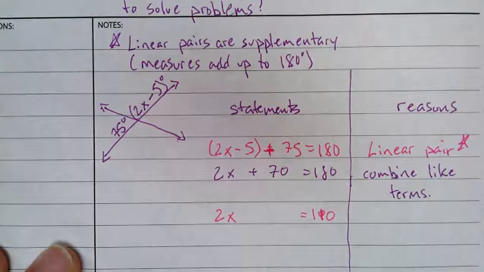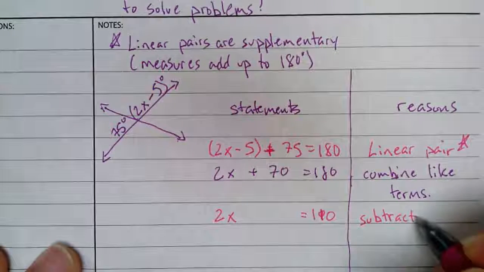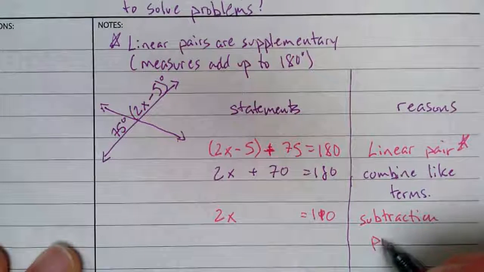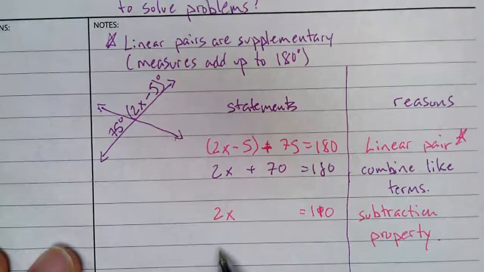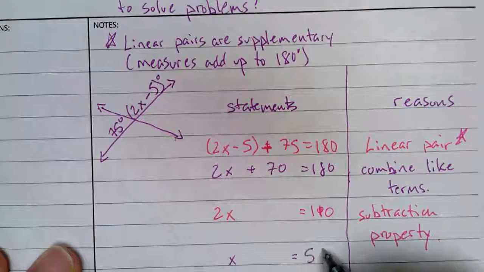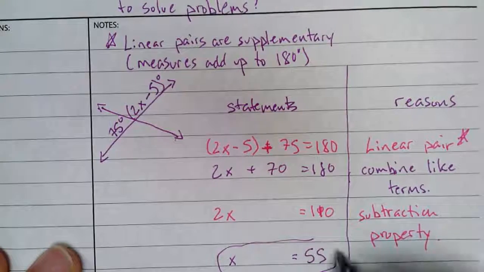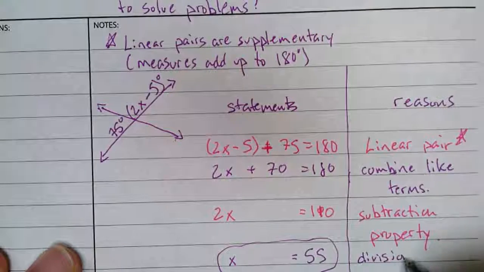And here we did the subtraction property. And then next we're going to divide by 2. And that's going to finally give us x equals 55. And our reasoning for that is we divided by 2, so it's the division property.